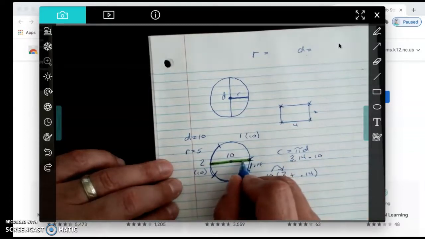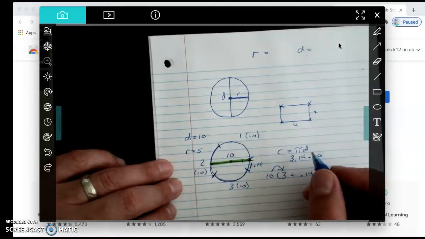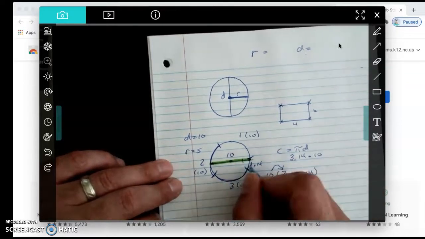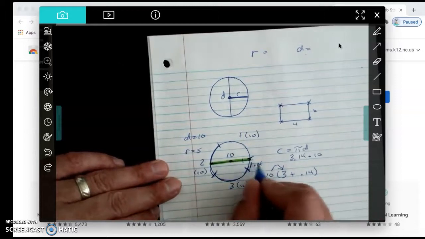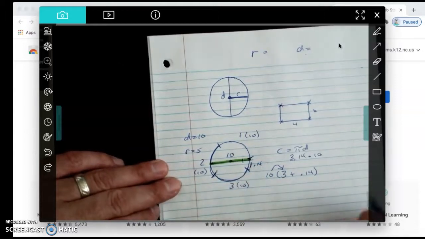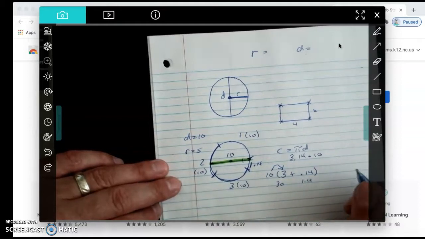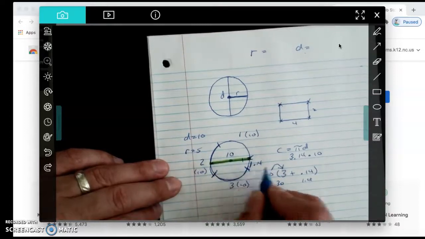So it's a little bit over a tenth, between a tenth and a fifth. It's about 14% of the diameter. 0.14 times 10, anything times 10 just shifts the decimal over, so this would be 1.4. So this is 30, and then this would be 1.4. That's literally all it's saying. It's 3 full diameters, whatever that number may be, and then you take 14% of that last diameter.